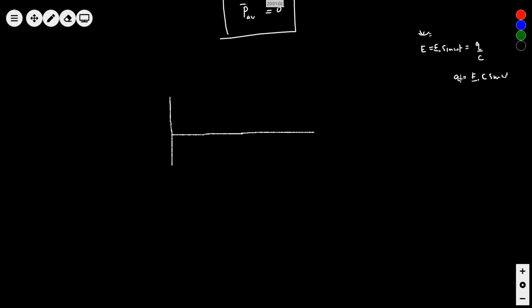So let me now plot the charge here, and the voltage here. So first I will plot the voltage. This is the voltage in one cycle. Charge is the same, but look at their amplitude. This is E naught, this is E naught C, and C is in farad, microfarads.